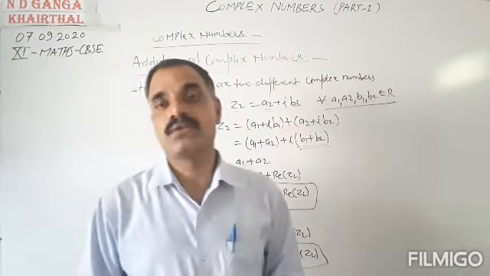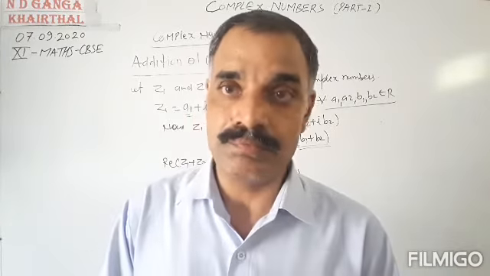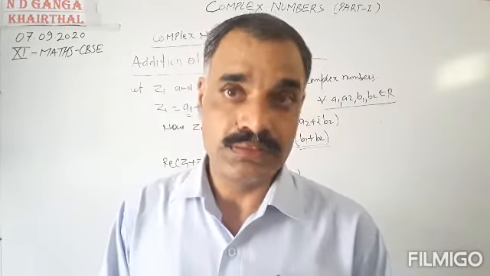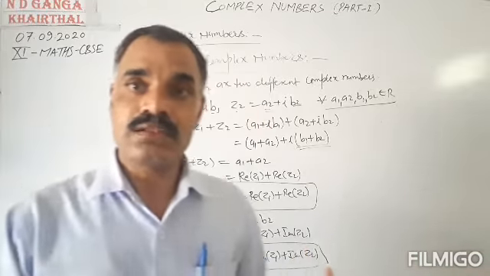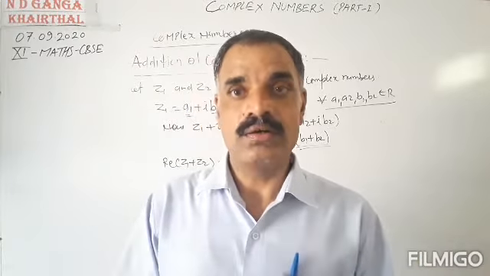The real part of z1 plus z2 plus z3 is equal to the real part of z1 plus the real part of z2 plus the real part of z3, and the imaginary part of z1 plus z2 plus z3 is equal to the imaginary part of z1 plus the imaginary part of z2 plus the imaginary part of z3. In this way we can generalize the result of addition of two complex numbers for more than two complex numbers.